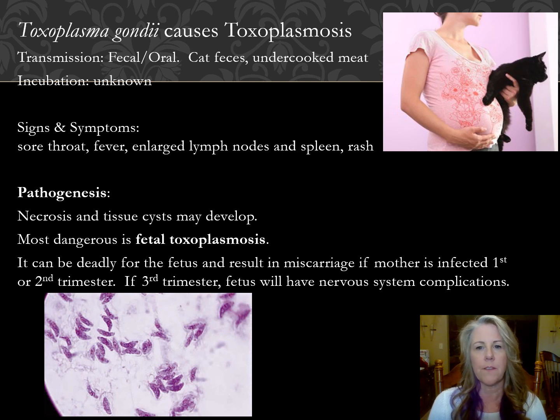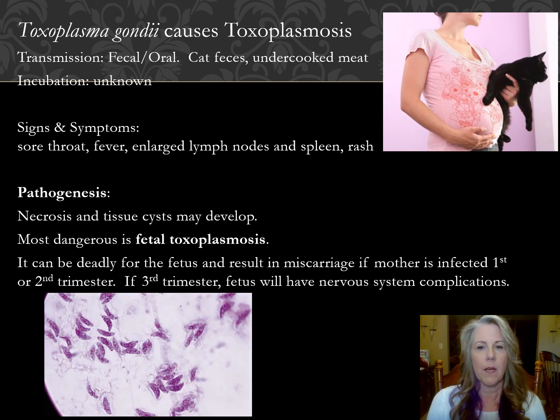So much cell death that it causes death in the tissue, necrosis. Necrosis and tissue cysts may develop. You remember when I first started talking about the protozoa, I said that one of the life stages in the cycle was a cyst. In part of that life cycle, it will encyst into certain tissues like the muscle.